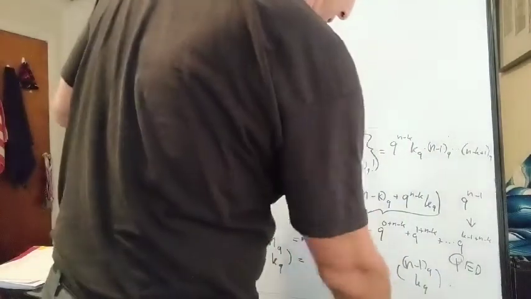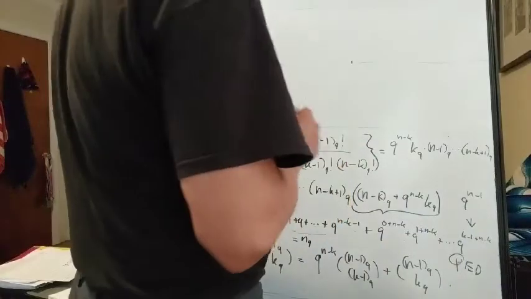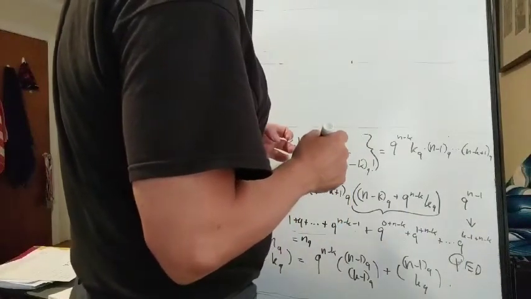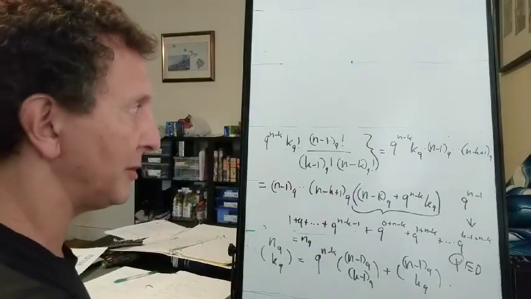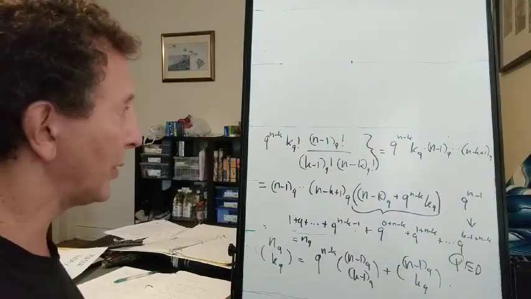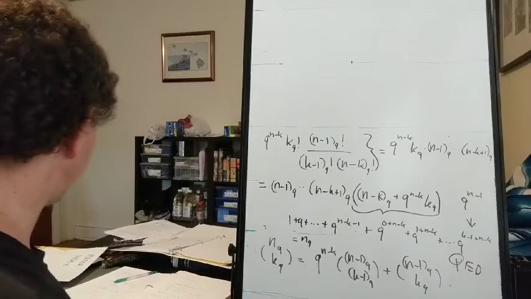And one kind of neat fact about the quantum binomial coefficients is that q analogs often come up in non-commutative settings where we have ordinary integers in commutative settings.